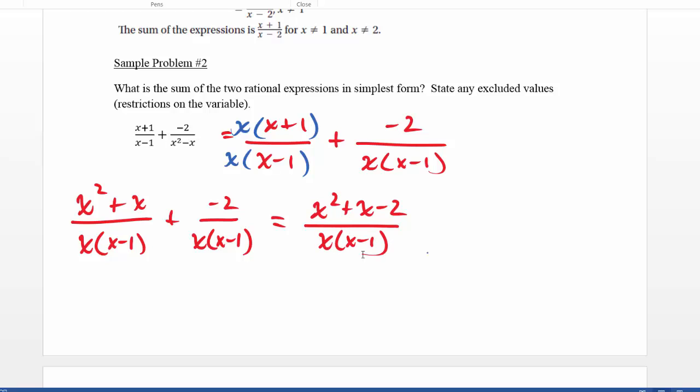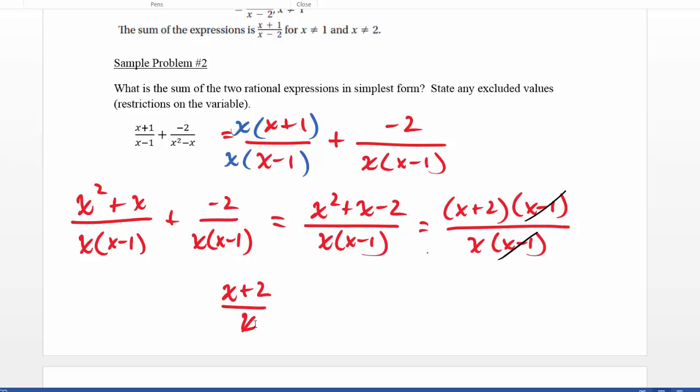Once I do that, it's probably a wise thing for me to just go ahead and factor the numerator in full and then simplify. Leaving me with x plus 2 over x is my simplified answer.